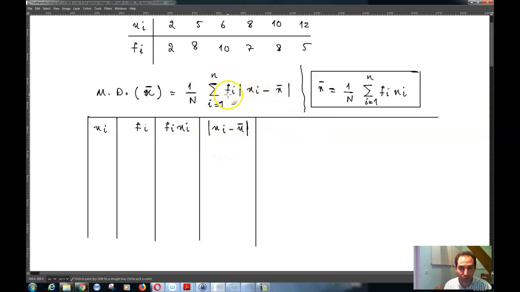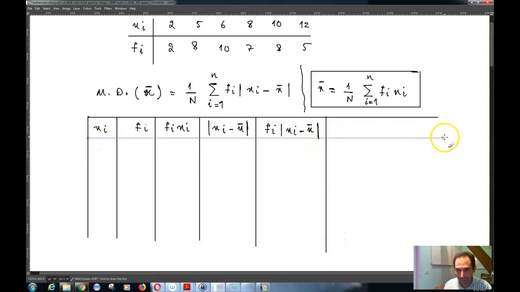And then we need to multiply f of i by this thing over here. So I write f of i times the absolute value of x of i minus x bar and put it over here. And that's most probably everything that I will be needing. Now the x of i's, you can take them from here. So you have 2, 5, 6, 8, 10, and 12.